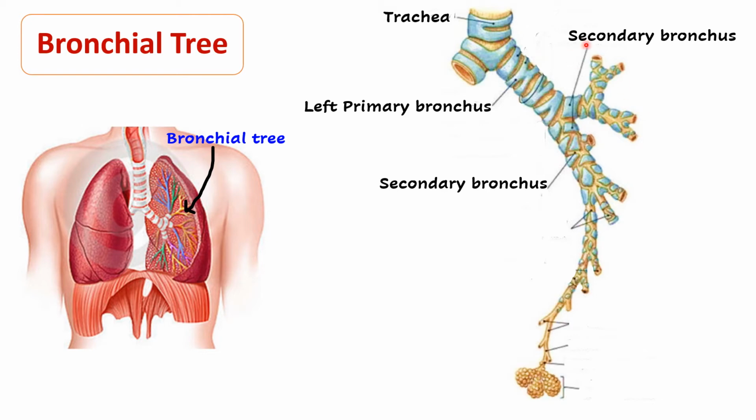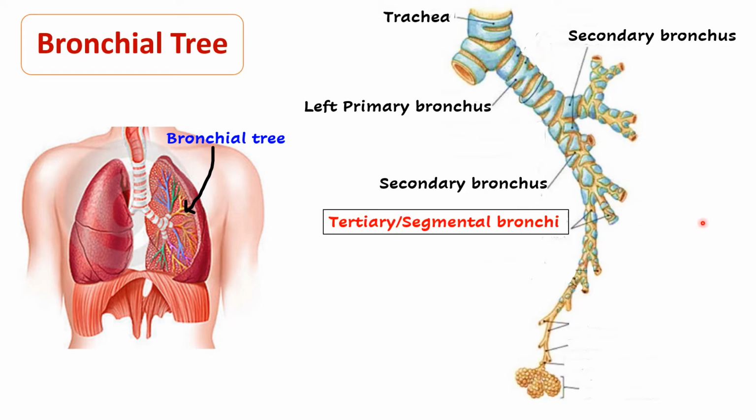Now each of these secondary bronchi is further going to subdivide into tertiary or segmental bronchi. So here also we can see a number of segmental bronchi. Here also we can see at least 3 of them. And then what happens? This tertiary or segmental bronchus is going to further subdivide into smaller bronchi, but we don't name them.